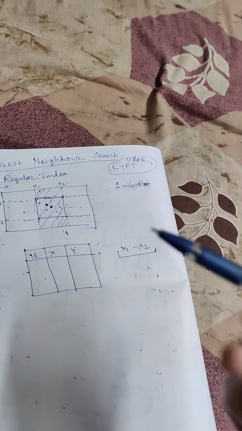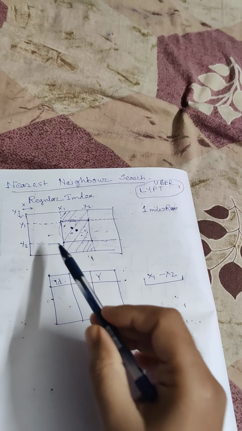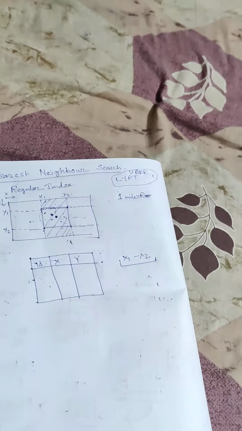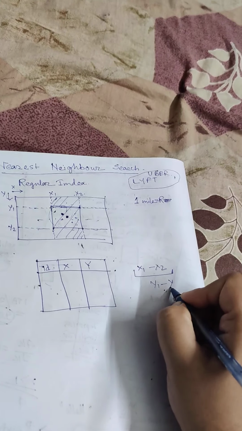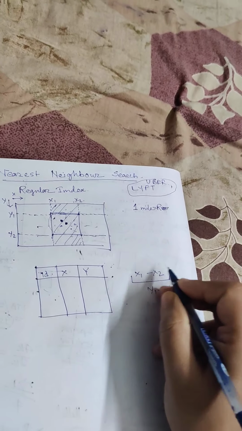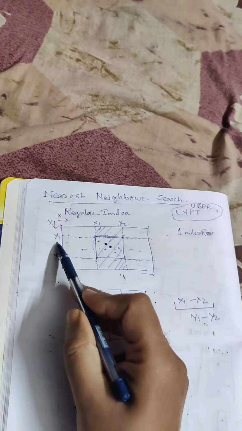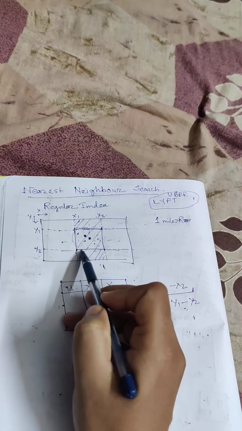So you need to perform another range query on top of this result. That range query is going to happen from y1 to y2, because you want only these areas.